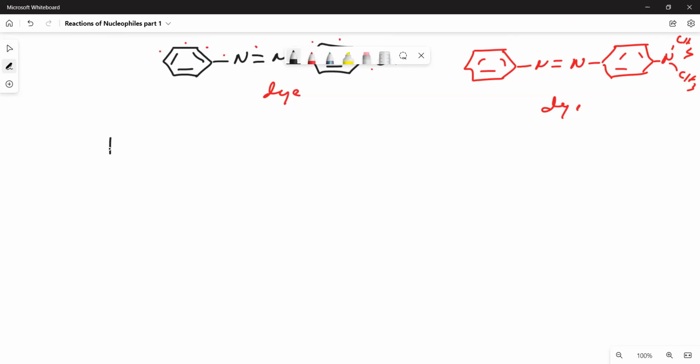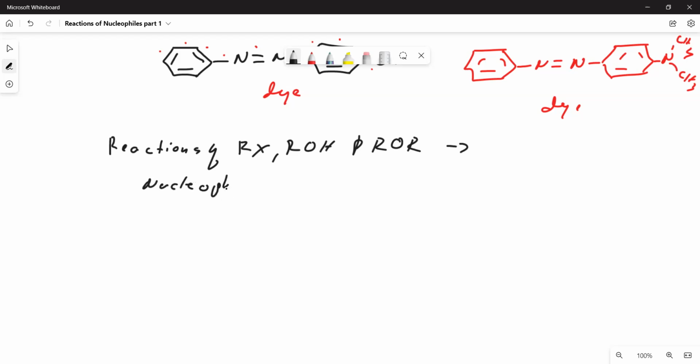and that is the reaction of alkyl halides and alcohols. Alkyl halides, alcohols, and even ethers undergo what you call nucleophilic substitution reaction. There are three types of substitution.